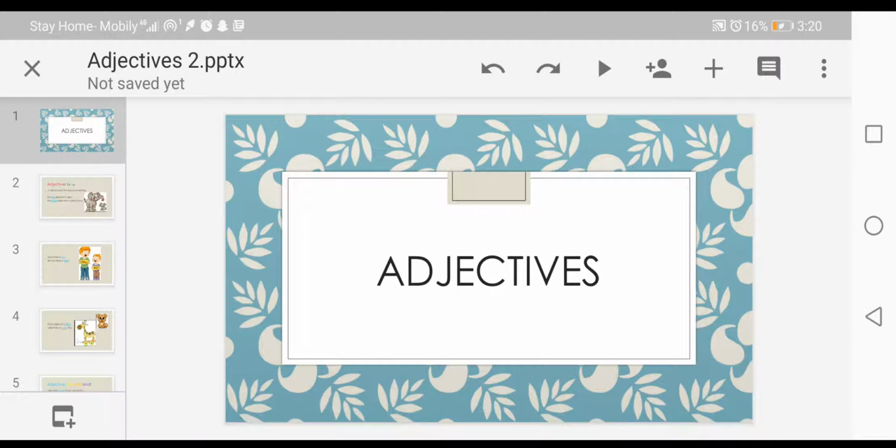It's a word that we use to describe something: to describe a noun, to describe a person, to describe an animal, to describe a thing, to describe a place, and so on.